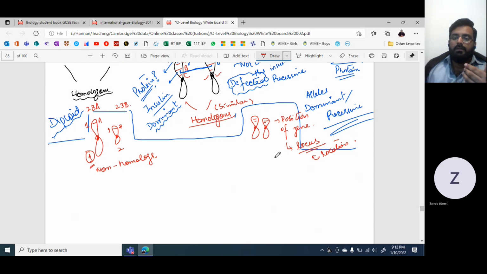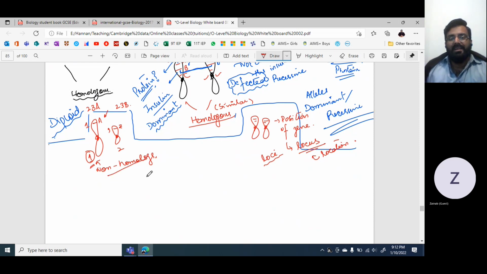And if we are talking about the location of multiple genes, for plural we use the word loci. So if at chromosome number 1 the first locus contains gene A, chromosome number 2 would never have gene A at the first locus. Why? Because these are non-homologs.